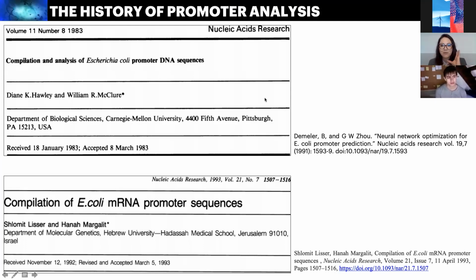These were very innovative, and Lisser and Margalit published a compilation of almost 300 promoters, and we are talking about the early 90s, when sequencing and genomic projects were not a reality. It was an emerging technology. So they were pioneers, and these two milestones in promoter prediction gave results that were impressive at the time.